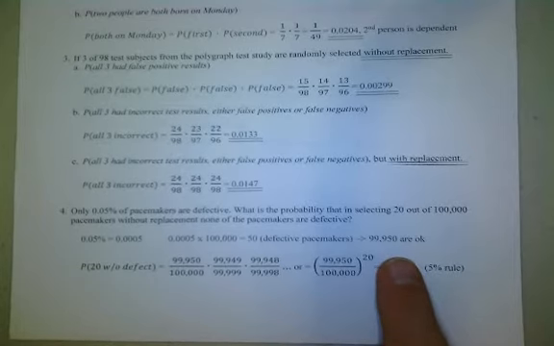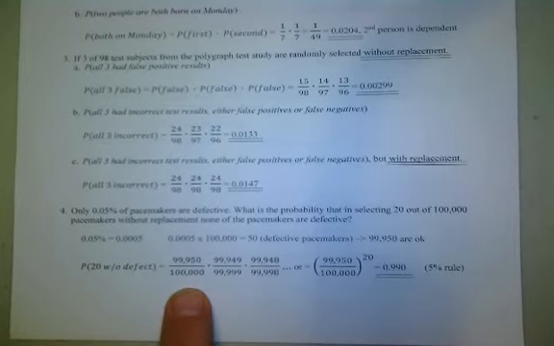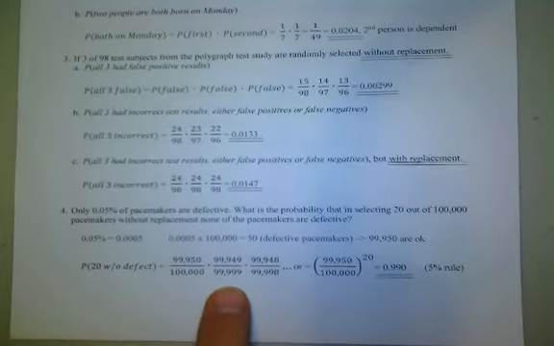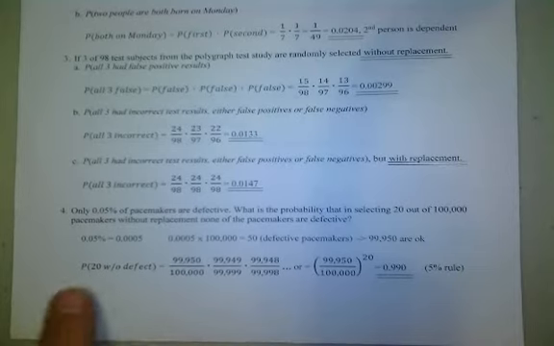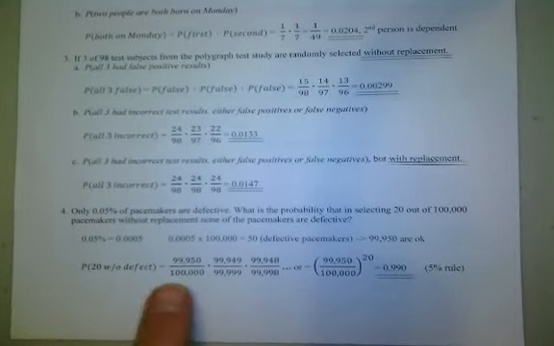So, since this is without replacement, my first choice to get one that's okay is going to be 99,950 out of the 100,000. Now, notice how this went down: 99,949 divided by 99,999. And then 99,948 divided by 99,998. And the little dots are there because I have to do 20 of these, going down each one.